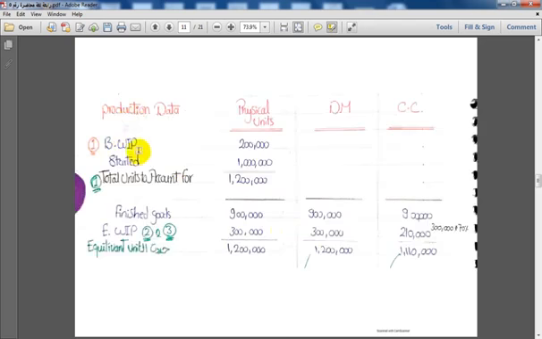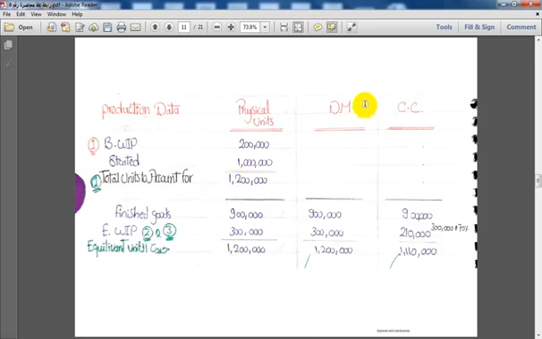The first step, beginning work in process 200,000 plus units started 1 million equal total units to account for 1,200,000. The second step, finished goods 900,000, ending work in process 300,000. The total units accounted for 1,200,000. Step 1 equal step 2.